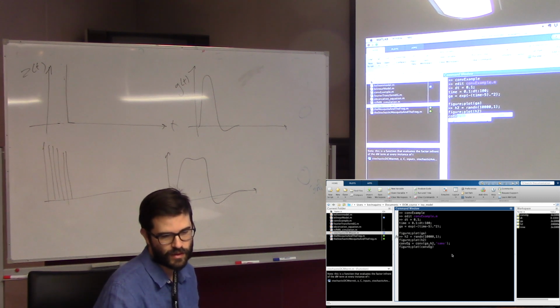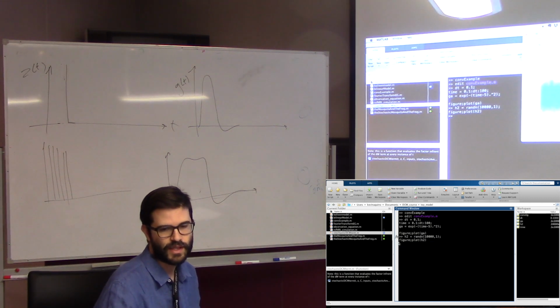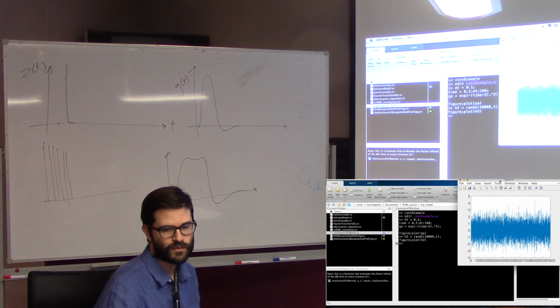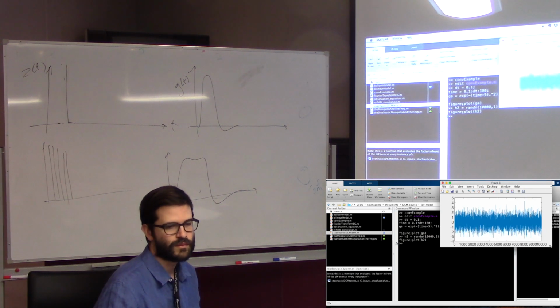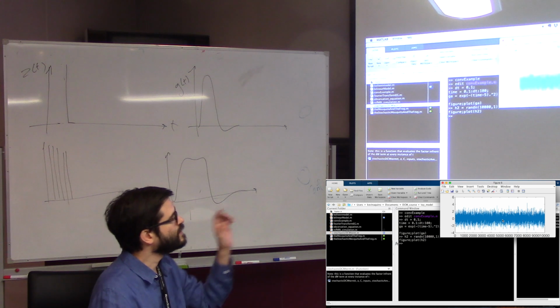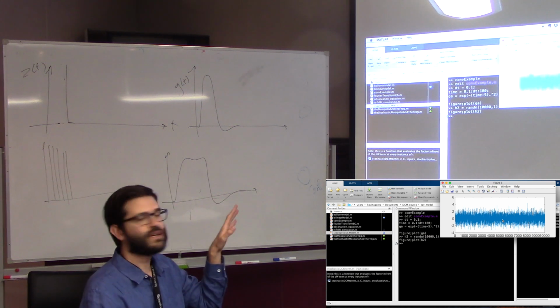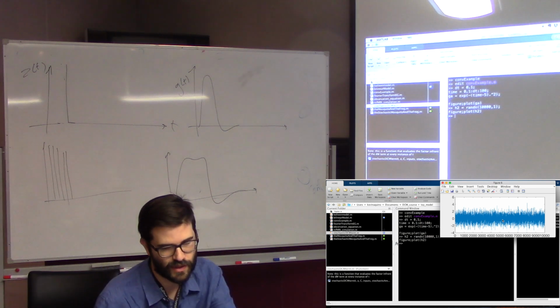Okay, so I'm now going to plot this. I went to a scan and discovered the impulse response looks something like a Gaussian.